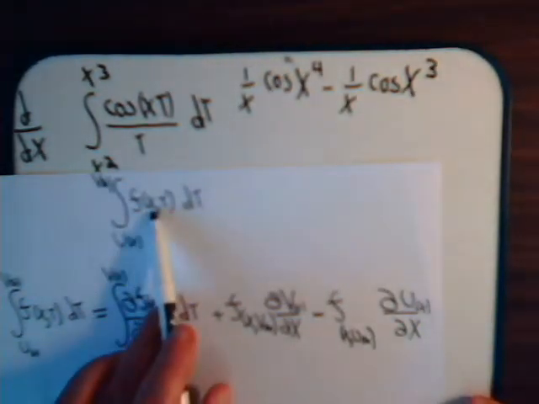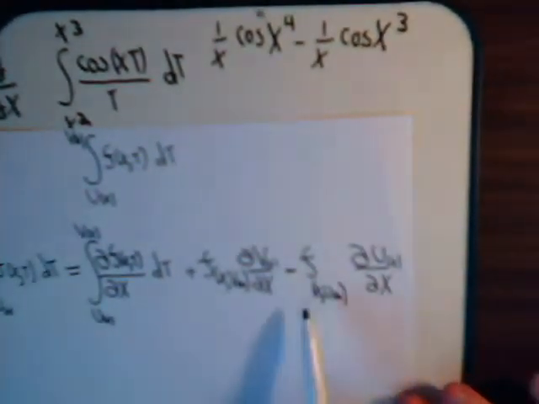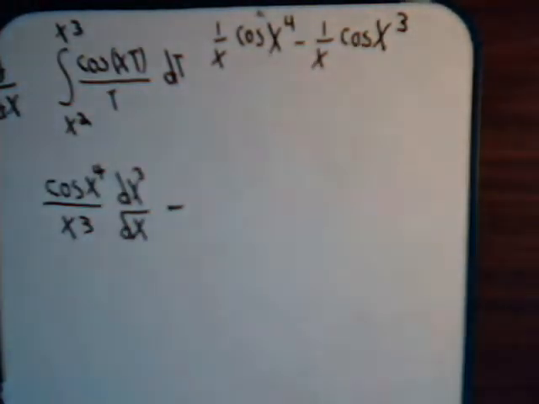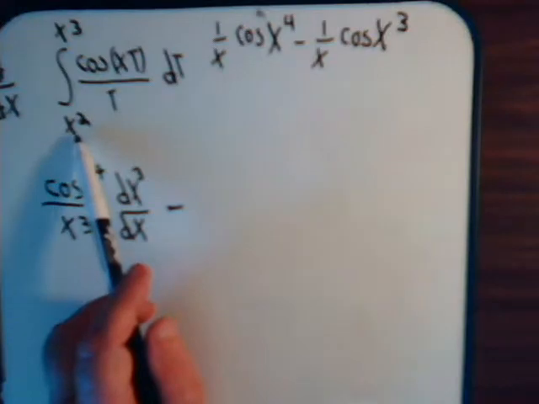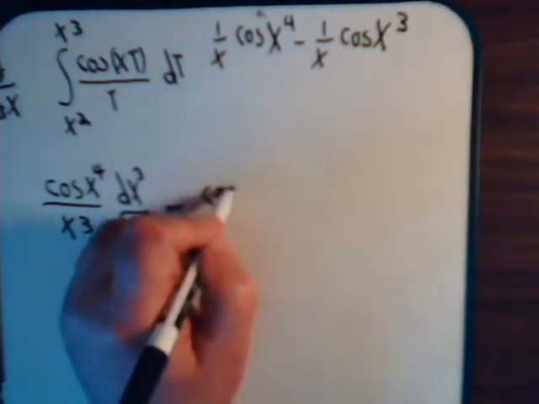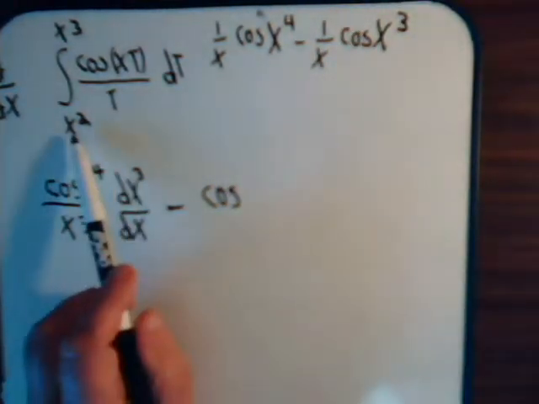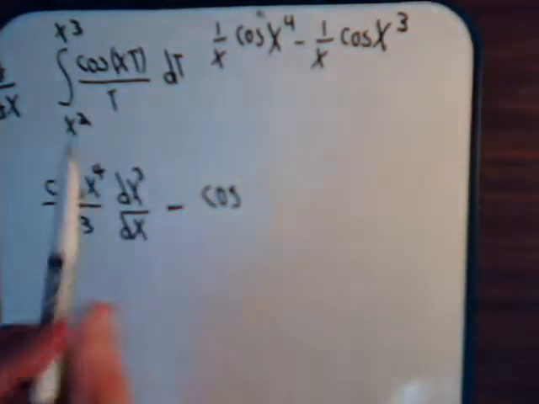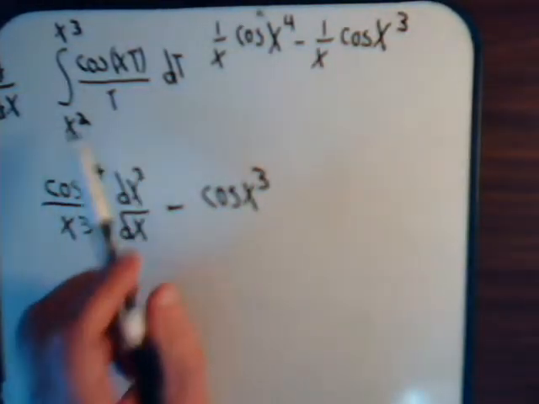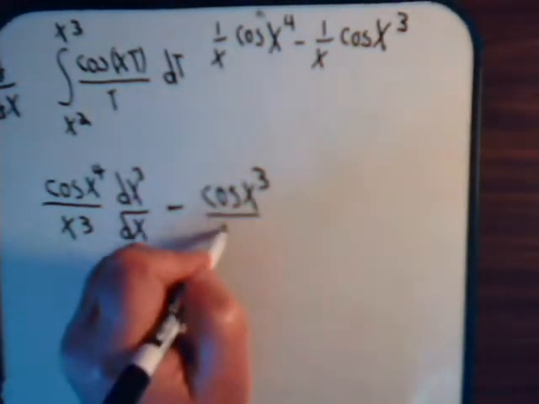Then we have minus f of xt is f of xu. So now we replace t with x squared. So we're going to have cosine. T is replaced with x squared, that's x cubed. T gets replaced with x squared.